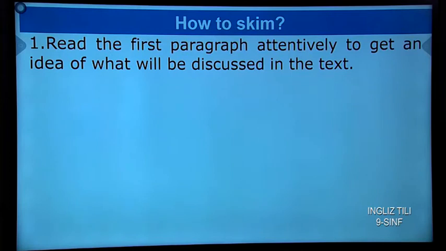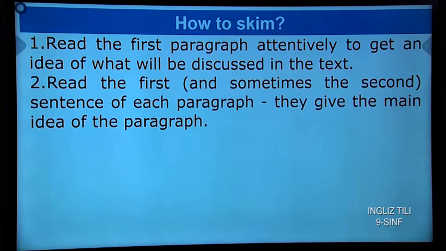How to skim? First, read the first paragraph attentively to get an idea of what will be discussed in the text. Second, read the first and sometimes the second sentence of each paragraph.